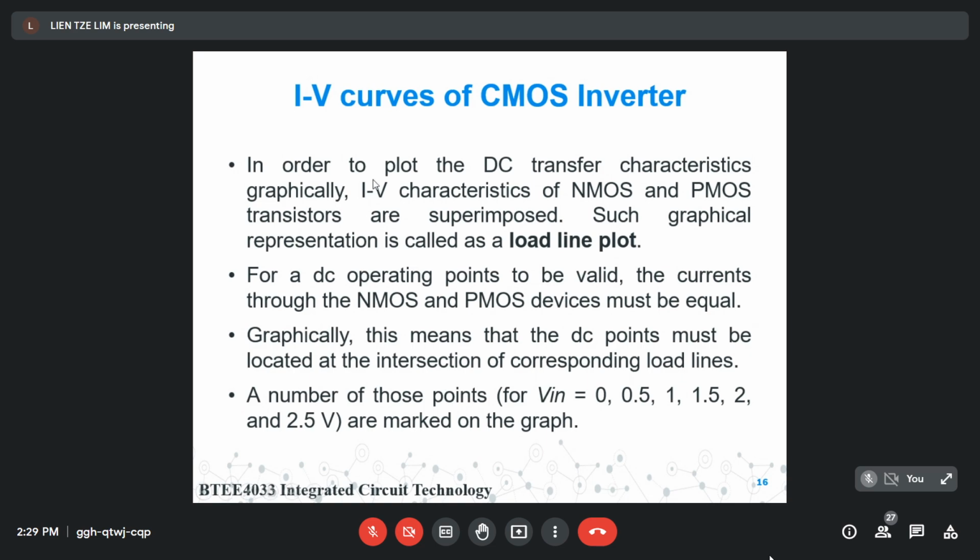The current versus voltage characteristics of the NMOS and PMOS transistors are superimposed. Such a graphical representation is called a load line plot, or load curve. This one also we can call a load curve.